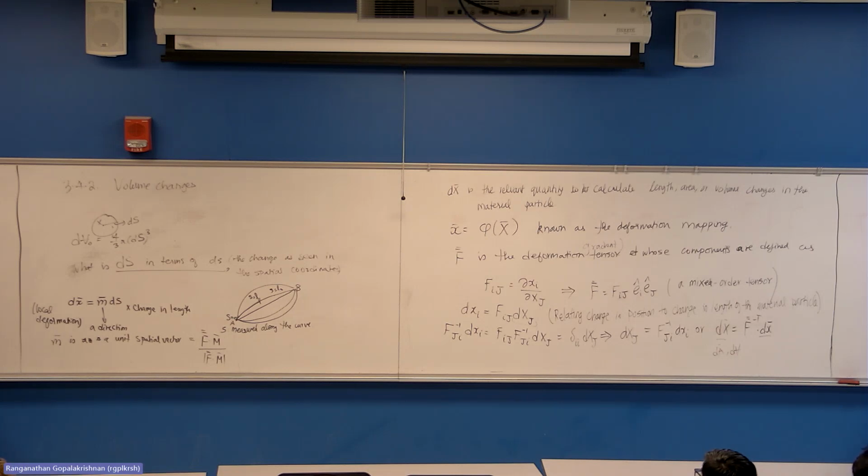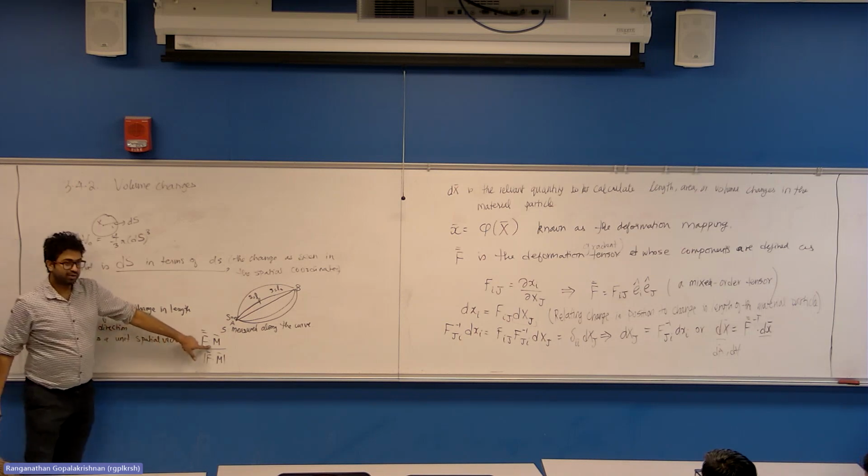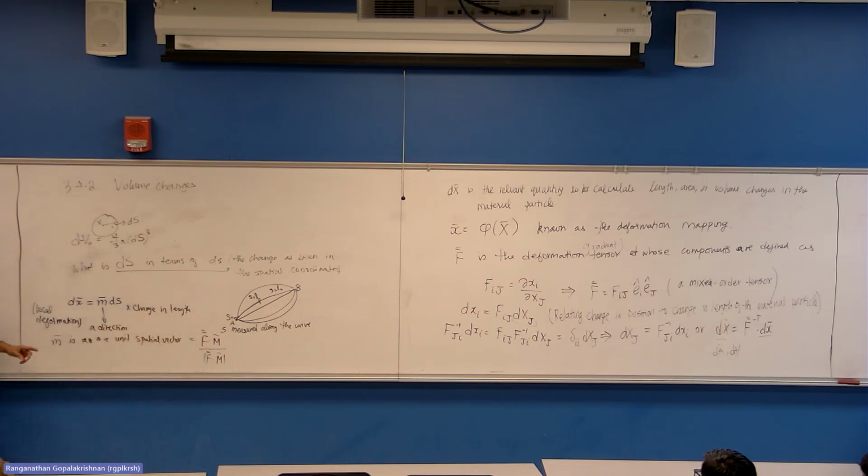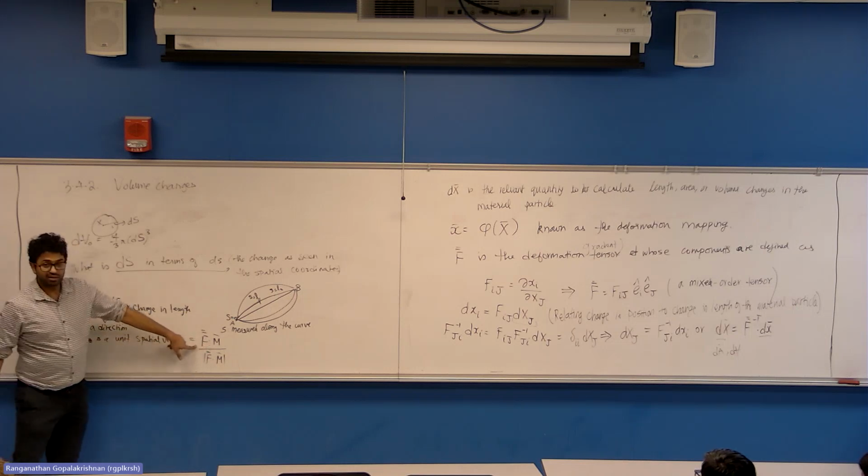What is uppercase M? Can you extend based on what we have been seeing so far? If this is the direction in the spatial coordinates, uppercase M is a local direction in the material coordinates. And this F is our deformation tensor.